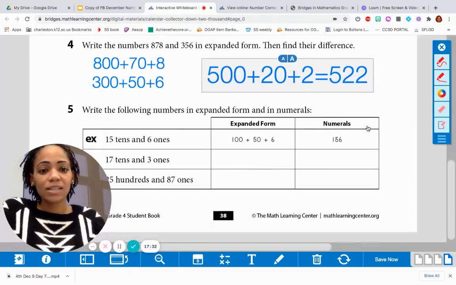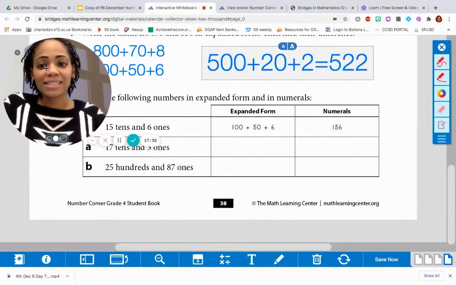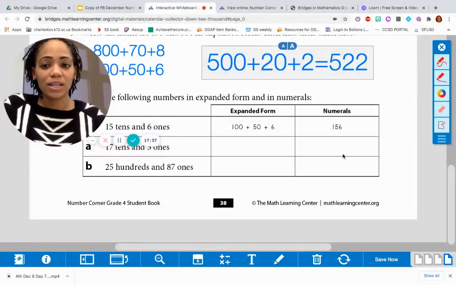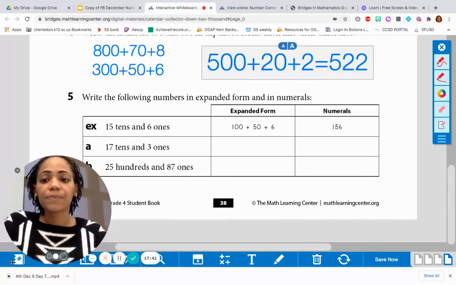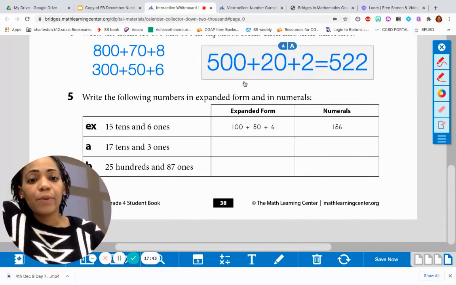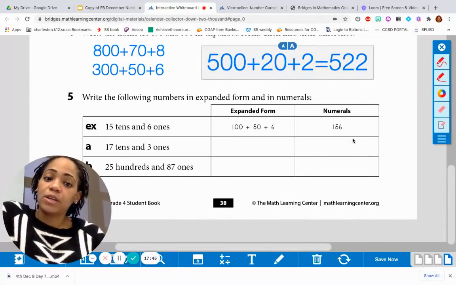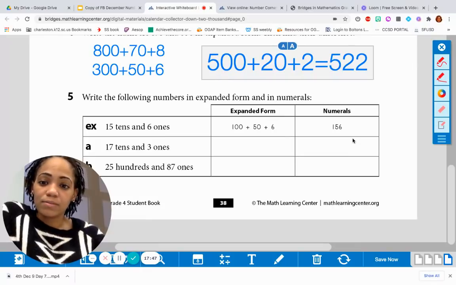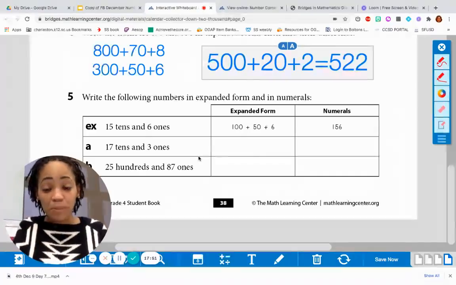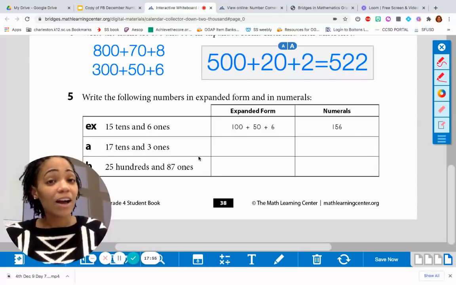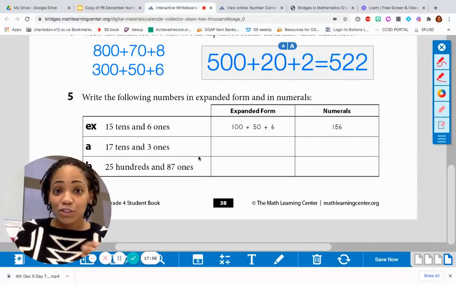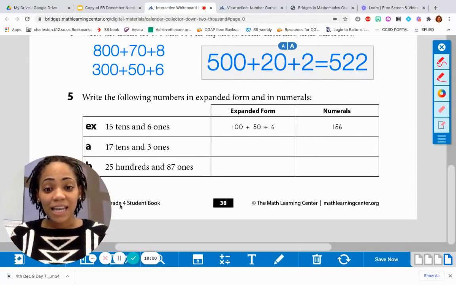Great. All right, last one, and then we're done. All right, so now we want to write it in expanded form and the numbers. You can do this really quickly, I know. 17 tens. Do you remember what we did yesterday? Yeah, 17 tens. Like we have 14 tens, it was 140. So 17 tens is 170.